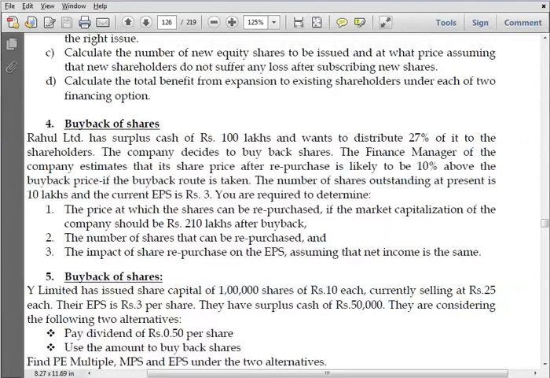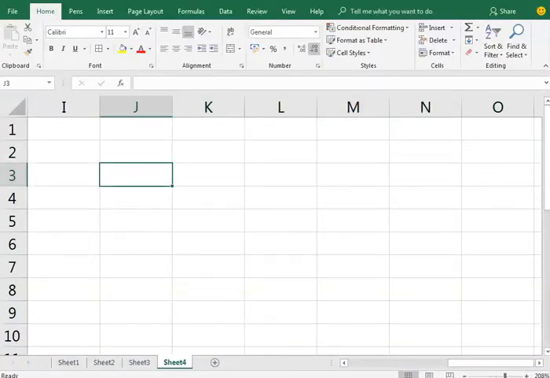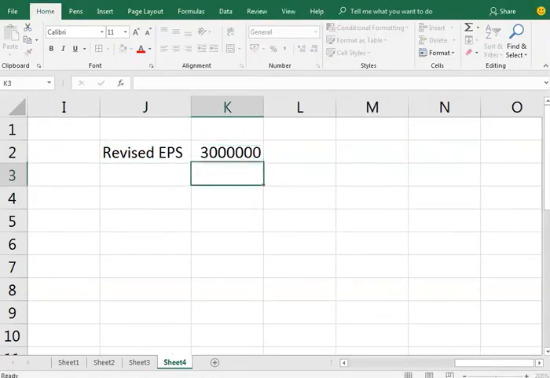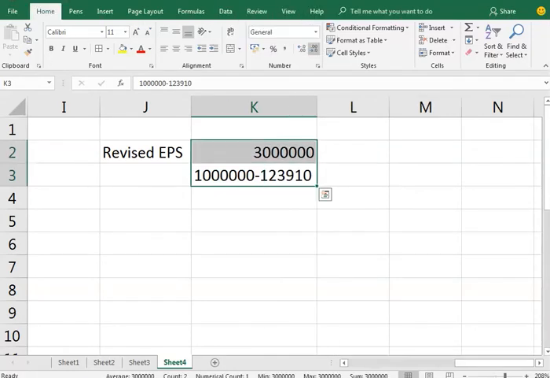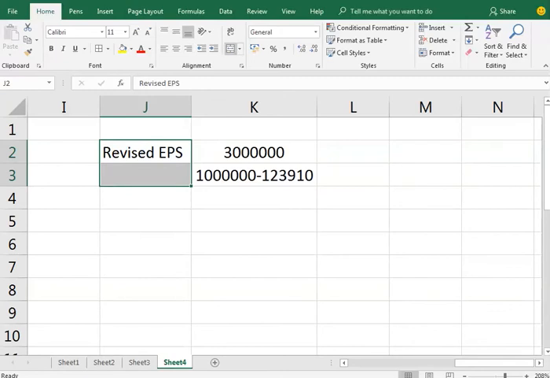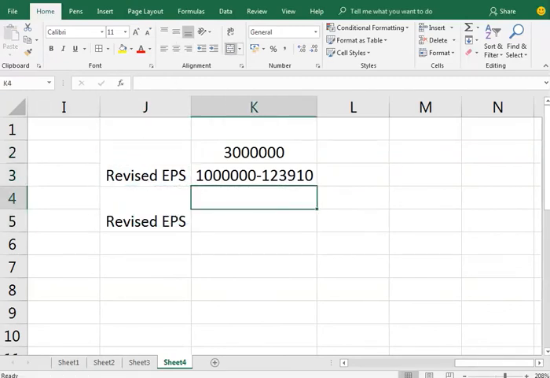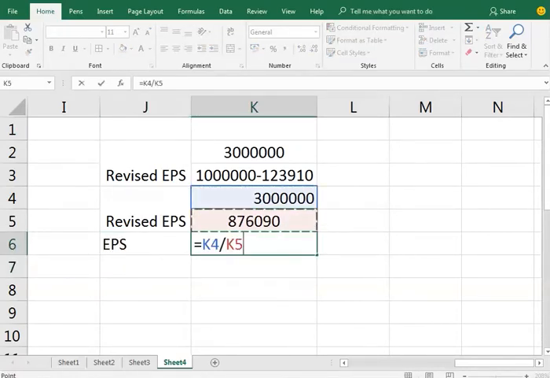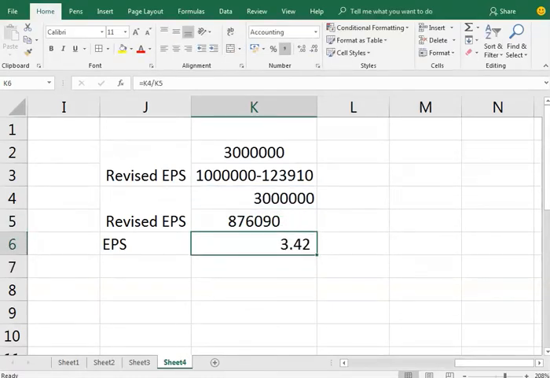Revised EPS equal to 30 lakhs divided by 10 lakhs minus whatever shares we bought back. That comes to 3.42, in two decimal places.